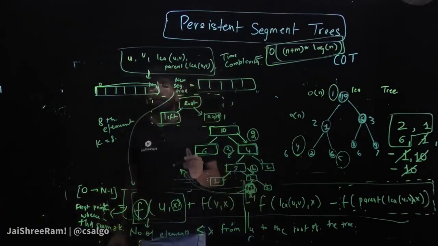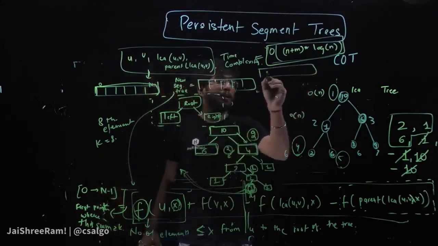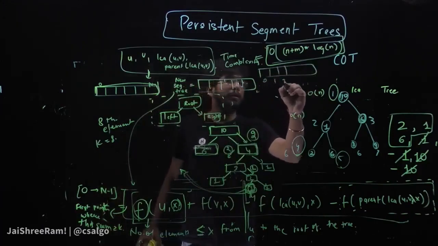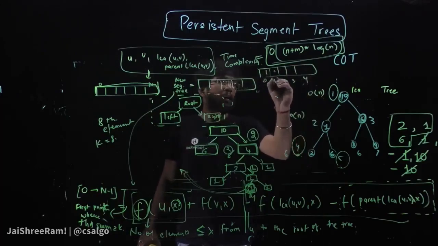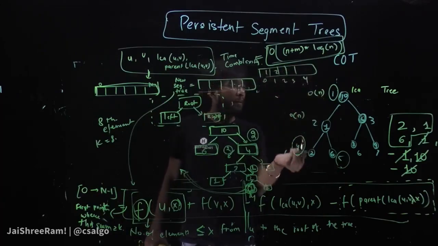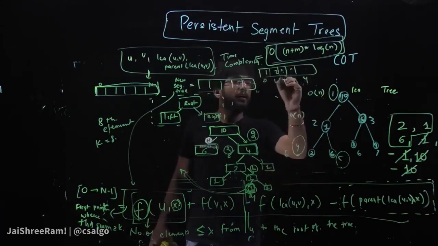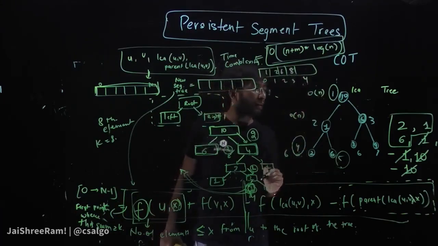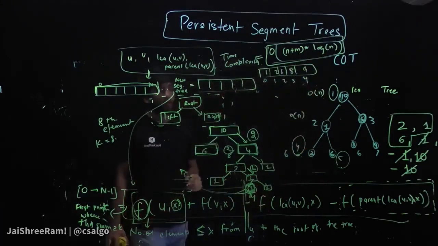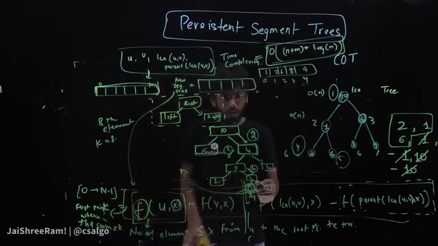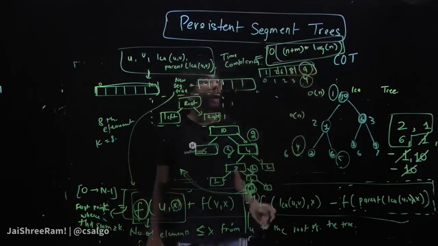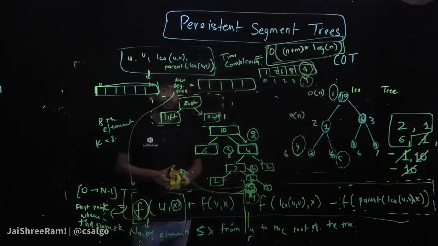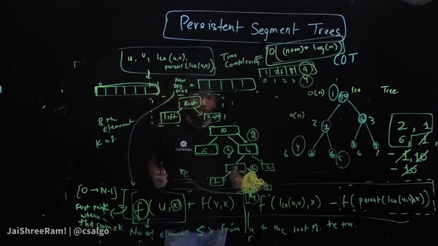So in the coordinate compression which we did, I just need to store the reverse maps as well. So if this is 4, then actually 9 is the number I was searching for. So this is how the entire structure looks like.